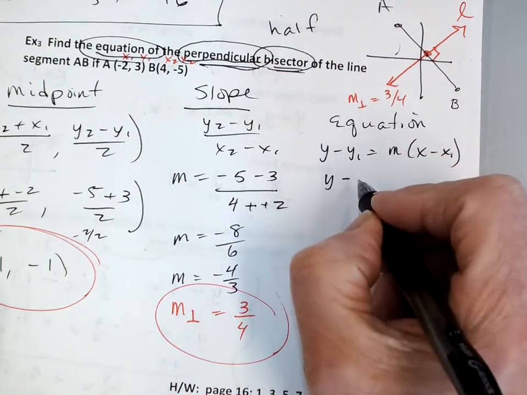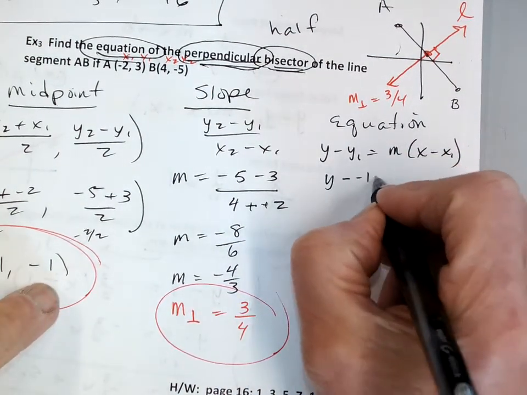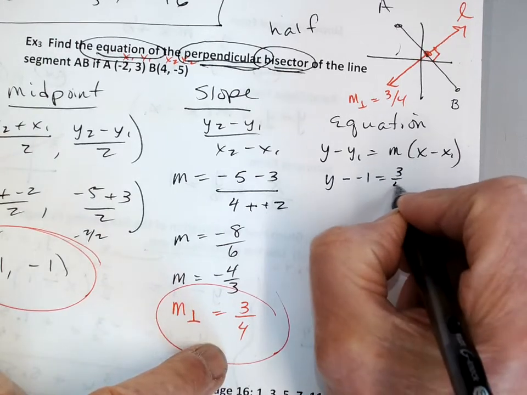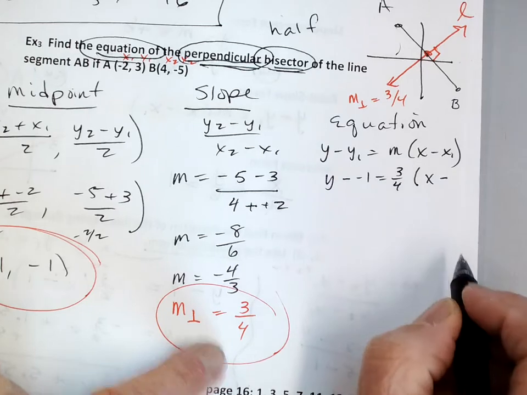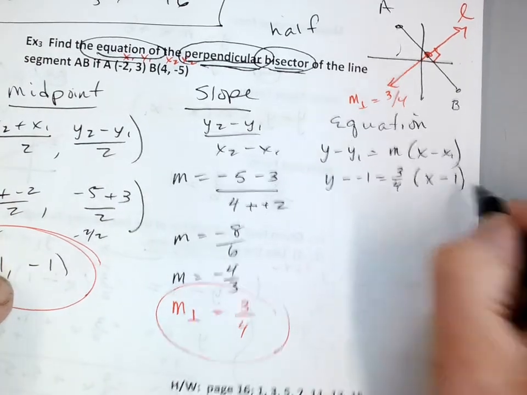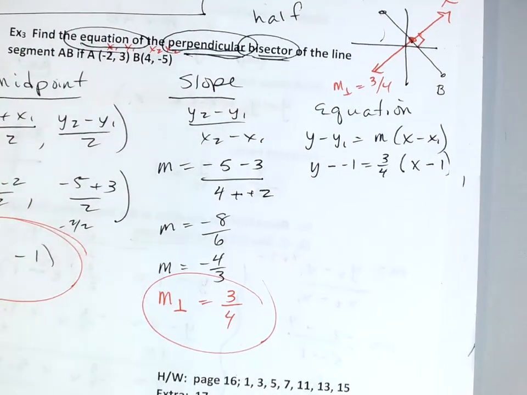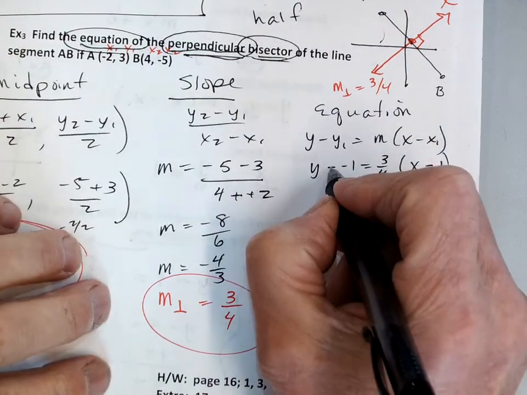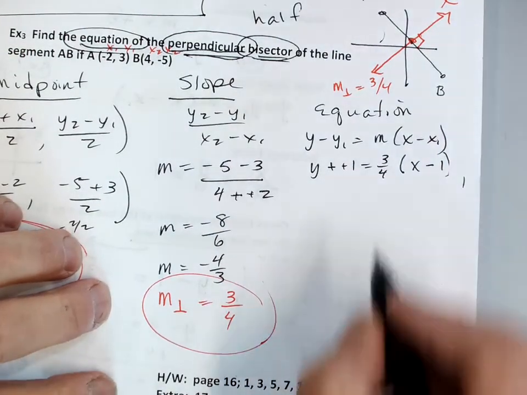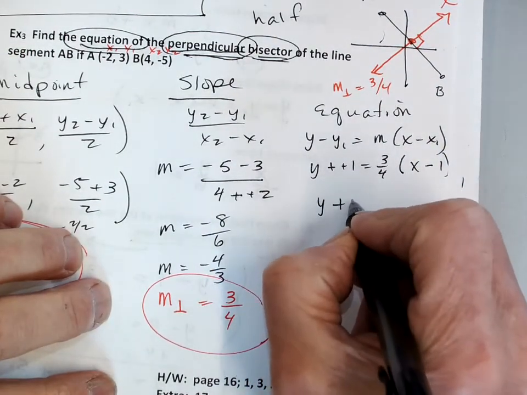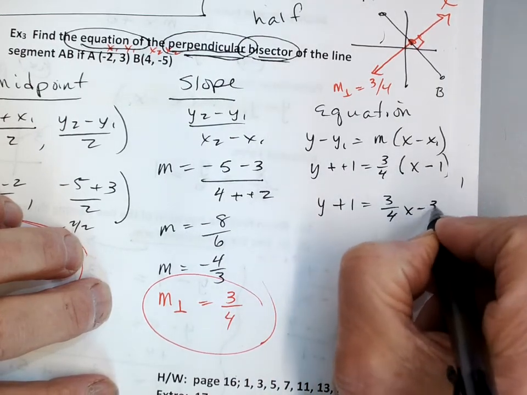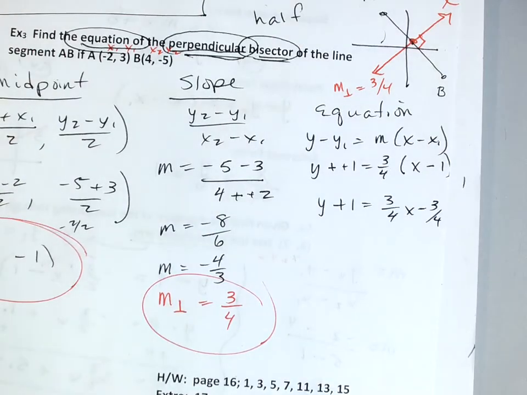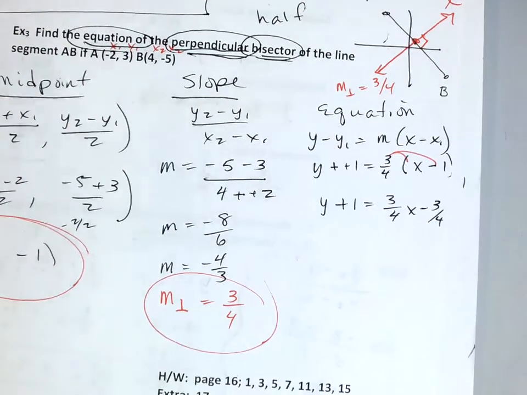So go y minus a negative 1 equals 3/4 times x minus 1. Okay. Double negative, right? So I have y plus 1 equals 3/4 x minus 3/4 because I distributed, right?